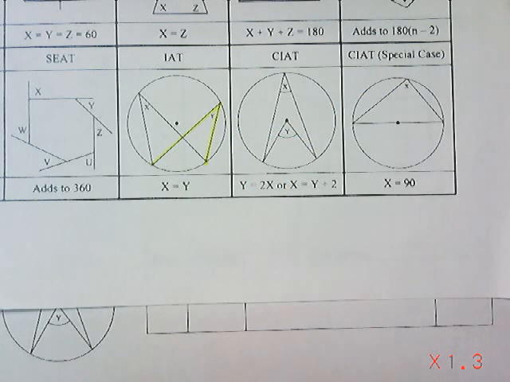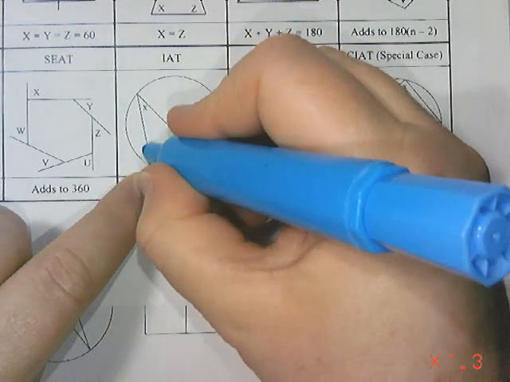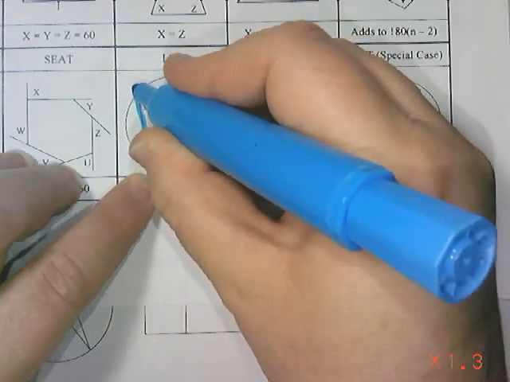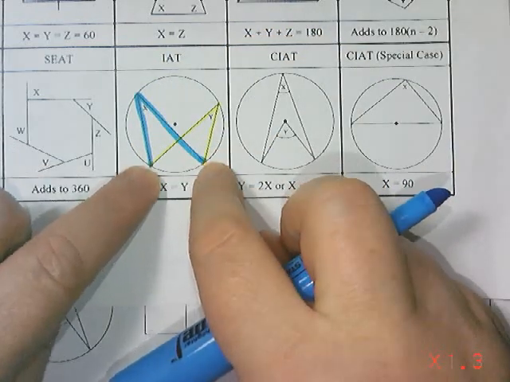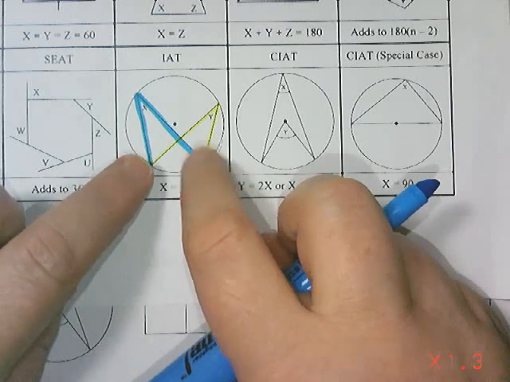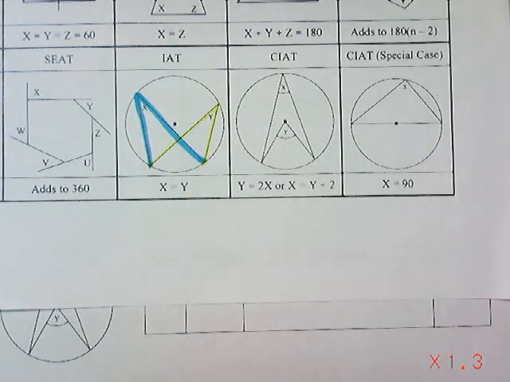Another inscribed angle is going to start from the same point as the first one, but it's going to go to a different point on the circle and then end in the same place as where the other one ended. So they need to start and end from the same points, and they need to go to the edge of the circle. Those angles, if they are inscribed, are equal.